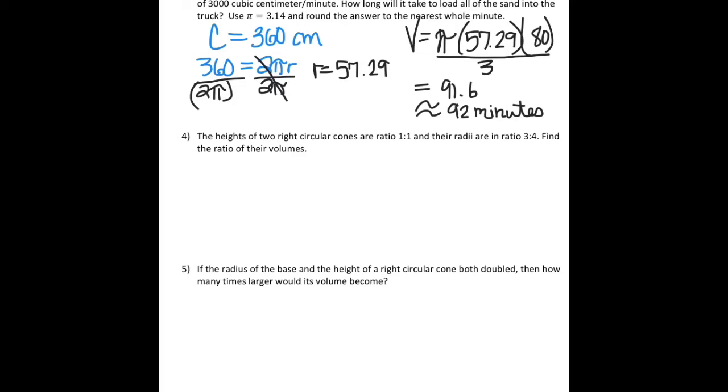Next one. The heights of 2 right circular cones are in a ratio of 1 to 1. So that means that their heights are the same. That's a bad picture. Let's try that again. It means their heights are the same.